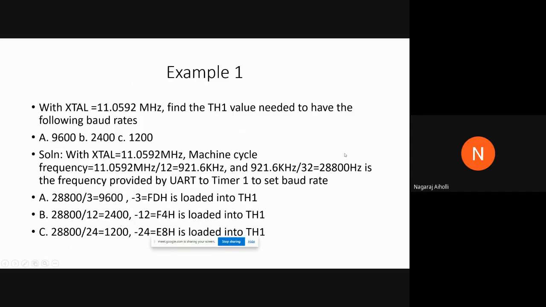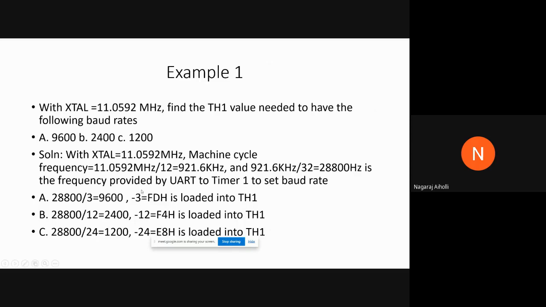Now here they are mentioning the baud rate as 28,800. That is nothing but FFH. If it is -3, then we have to decrement by 3.